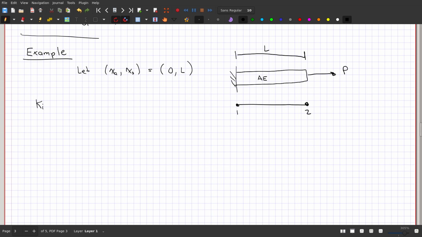So in this problem, then Kij is going to go from 0 to L. Well, let me just identify it this way.